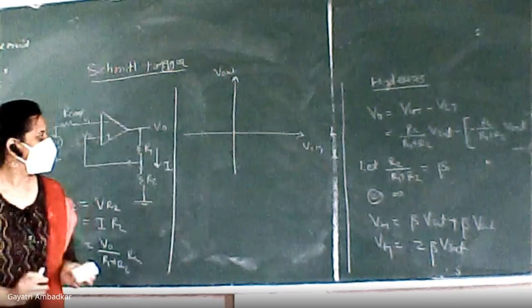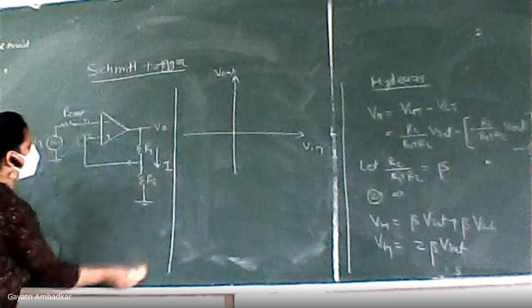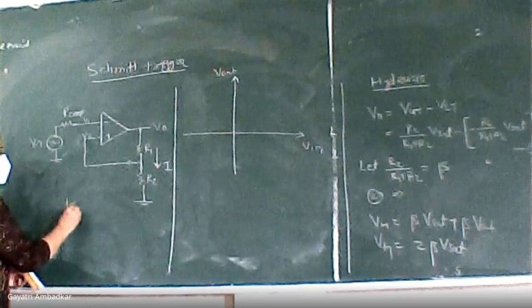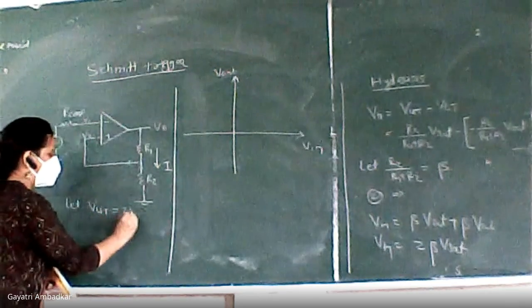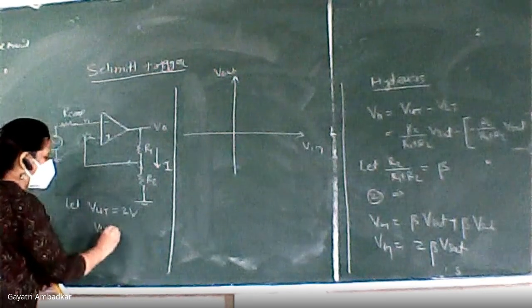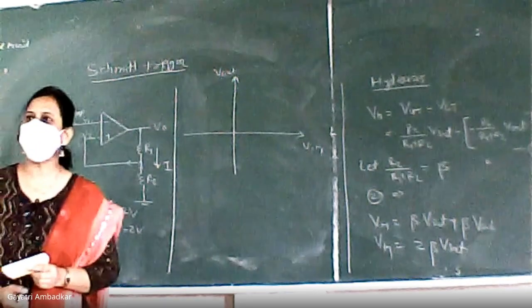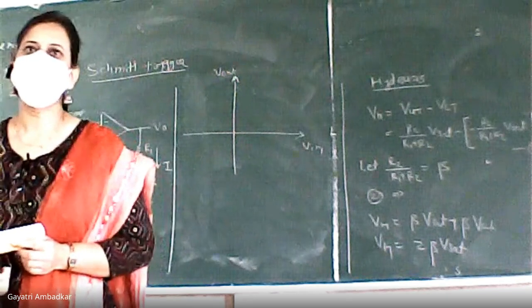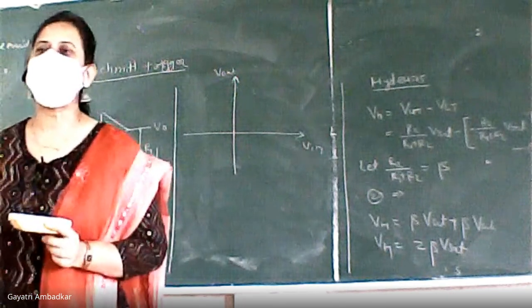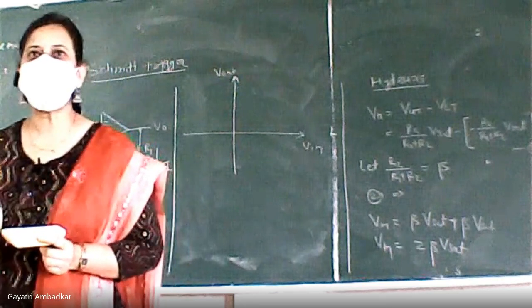Okay. Before that, let us take an example. Let VUT is equal to 2 volts and VLT is equal to minus 2 volts. What are VUT and VLT? Beta times VSAT. Let's say it has some value, plus and minus 2 for VUT and VLT.